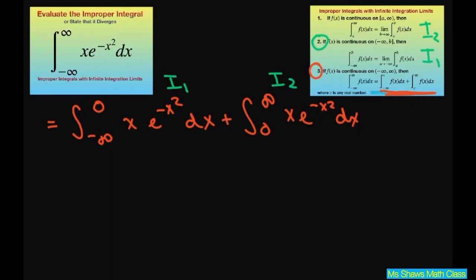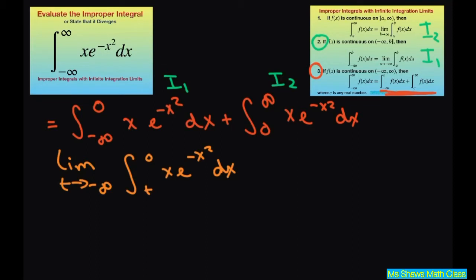And when you do that, you're going to get the limit. Let's just use t. As t approaches negative infinity, you change your limits. So this is going to be from t to 0 of x e to the negative x squared dx.